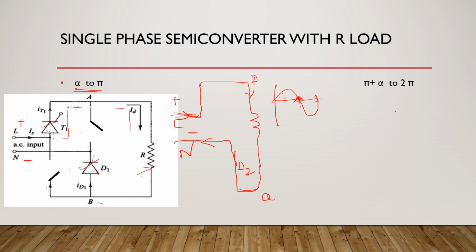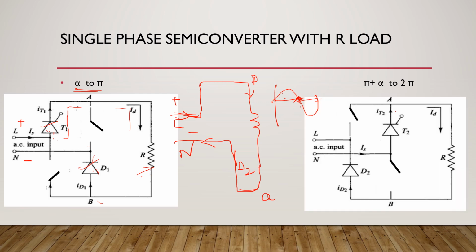Now, we are in the negative half cycle. T1 and D1 have turned off, and we are going to have T2 and D2. But T2 is fired only at pi plus alpha, not instantly at pi. Till it is triggered, there is again no output across the load, right?